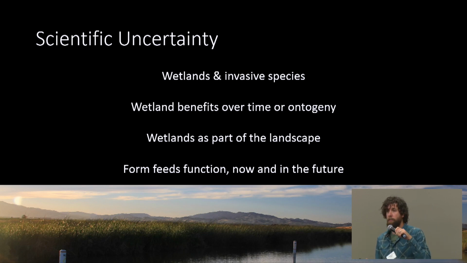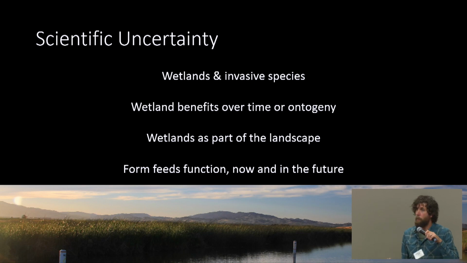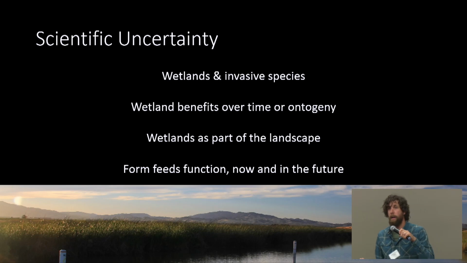How do wetland benefits change over time or across ontogeny? So the benefit that a wetland confers in April to juvenile fishes is going to be different than the benefit it confers in October to subadult fishes. One of the things that's really crucial that I think we have a really poor understanding of is how these habitats fit into the landscape.